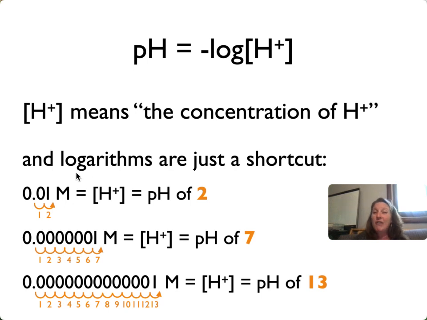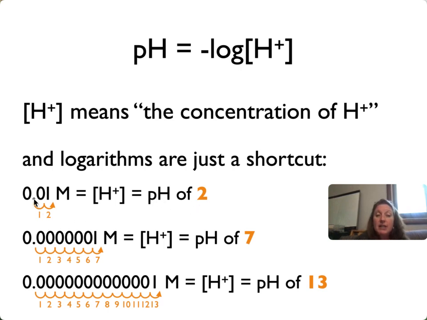Now, logarithms, other than just being a button on your calculator that you probably never use, are really just a shortcut. So let me show you what that means. If I have a 0.01 molar, so that means 0.01 moles per liter of hydrogen ions, then the pH of that is 2.